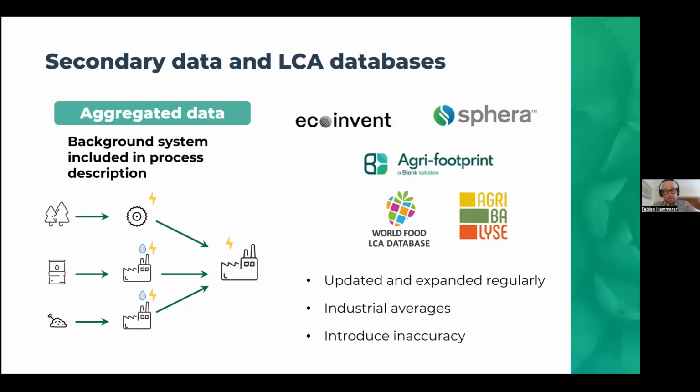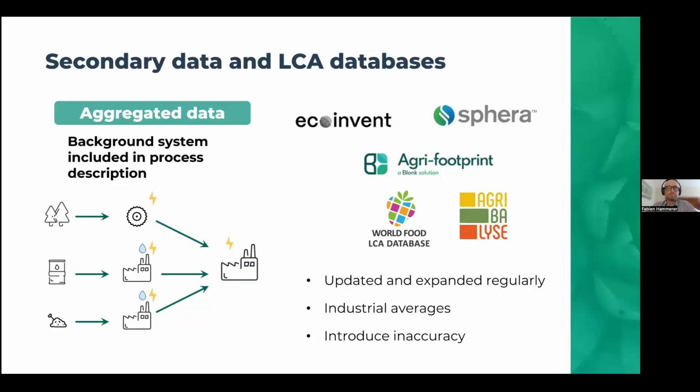The coverage is not perfect when it comes to geographies, so you sometimes have to consider adapting one entry from one geography to the other. But again, because they're industrial averages, they introduce inaccuracy or imprecision in your LCA because they might not relate exactly to the product system that you're studying. So they are convenient to use, but again, primary data, if you can access that, is the gold standard for your LCA.